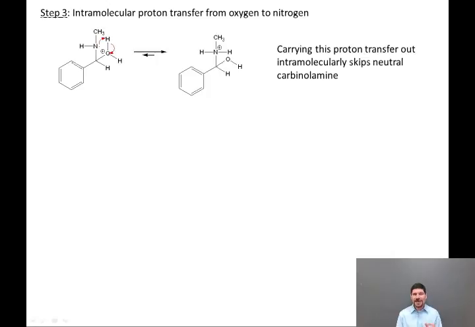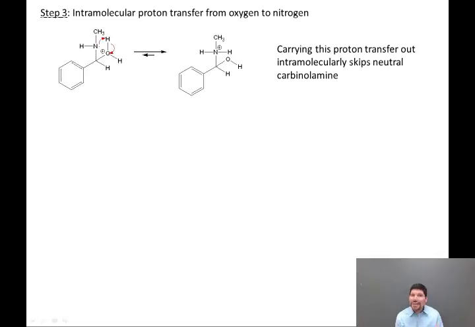So if you're really thinking about this, what we have actually done is we have skipped the neutral carbinolamine. In order to get to the neutral carbinolamine, we would have had to have some external base come in and remove the hydrogen that's bound to the oxygen, and then we would have to have some sort of external acid donate a hydrogen to the nitrogen.